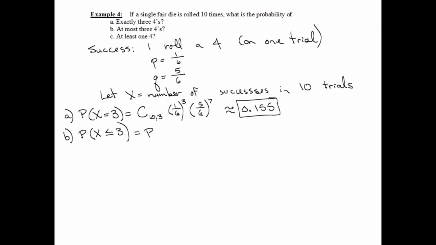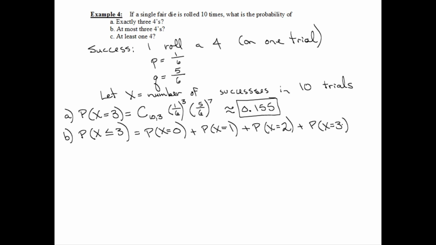So it's possible we get 0 successes, and it's possible we're going to get 1 success. So we're going to figure out the probability of 0 successes, then add it to the probability of 1 success, add it to the probability of 2 successes, add it to the probability of 3 successes. Because 0, 1, 2, or 3 are our possibilities.